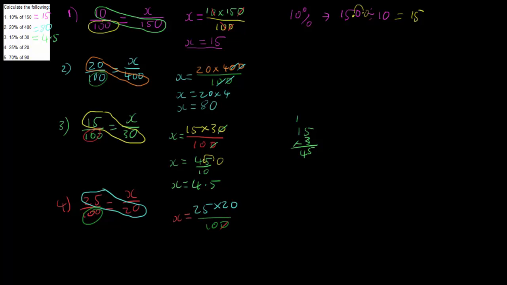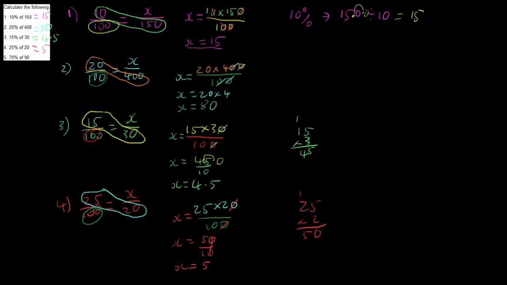I can cancel out these two zeros, and I'm left with 25 times 2 over 10. 25 times 2 is 50 over 10. I can now work this out by cancelling out those zeros, and I am left with 5. So 25% of 20 is 5.